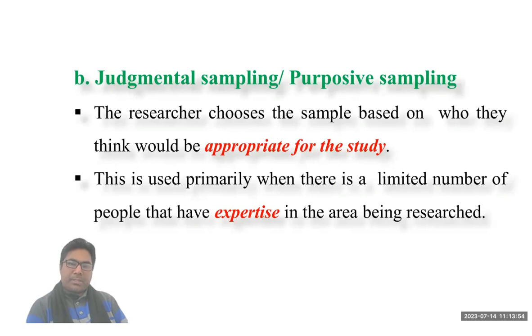So this is nothing but judgmental sampling or purposive sampling. So what it means, here the researcher chooses the sample based on who they think would be appropriate for the study. So it is the researcher who is going to decide who is going to be included in his or her research.